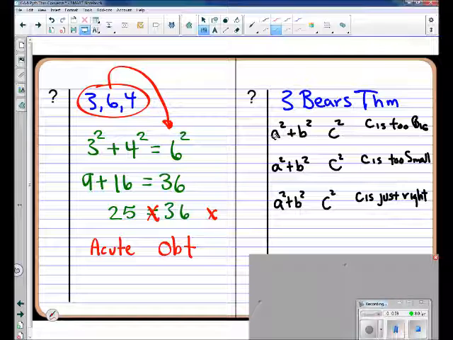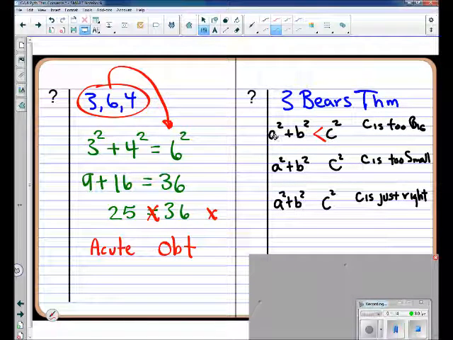Okay? So if I plug the numbers in and I find out that the C side is too big to be equal to a squared plus b squared, in other words, the left side is too small, then it must be an obtuse triangle.